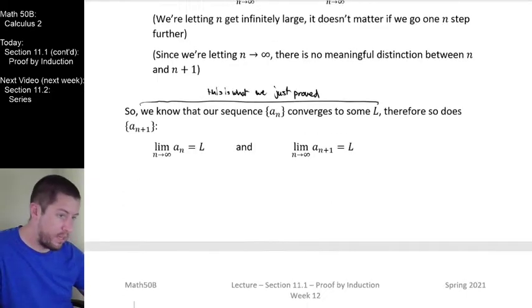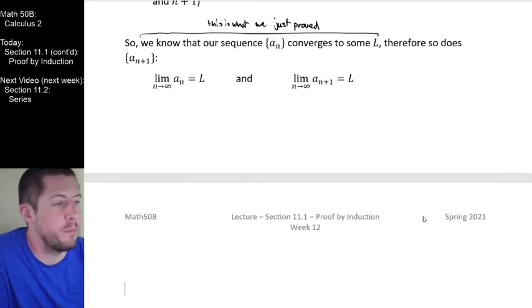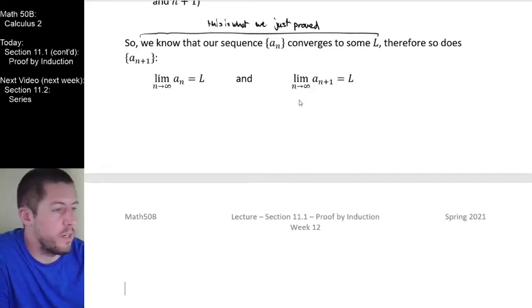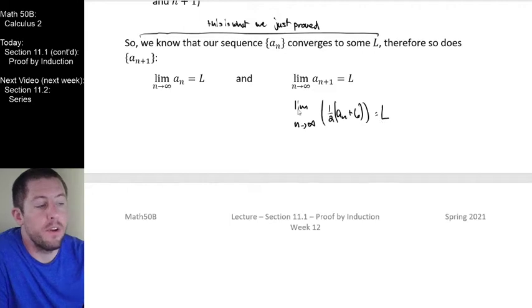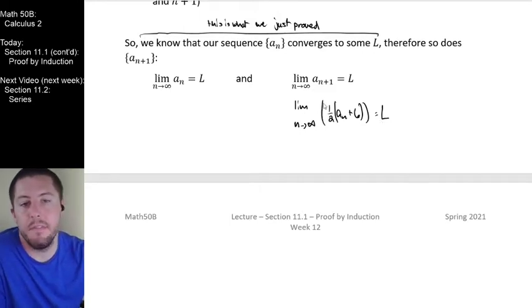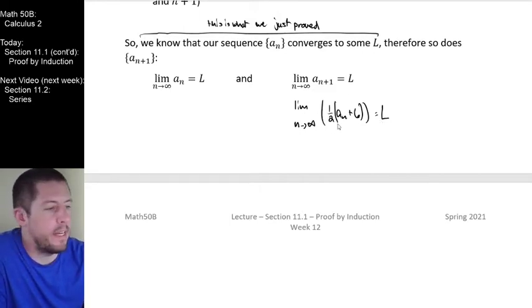So what I'm going to do is a little smidge of algebra here. I know what a sub n plus 1 is equal to. So the limit as n goes to infinity of 1/2 of a sub n plus 6 should be equal to L. What I further know is that this limit is unaffected by constant multiples and by addition or subtraction.